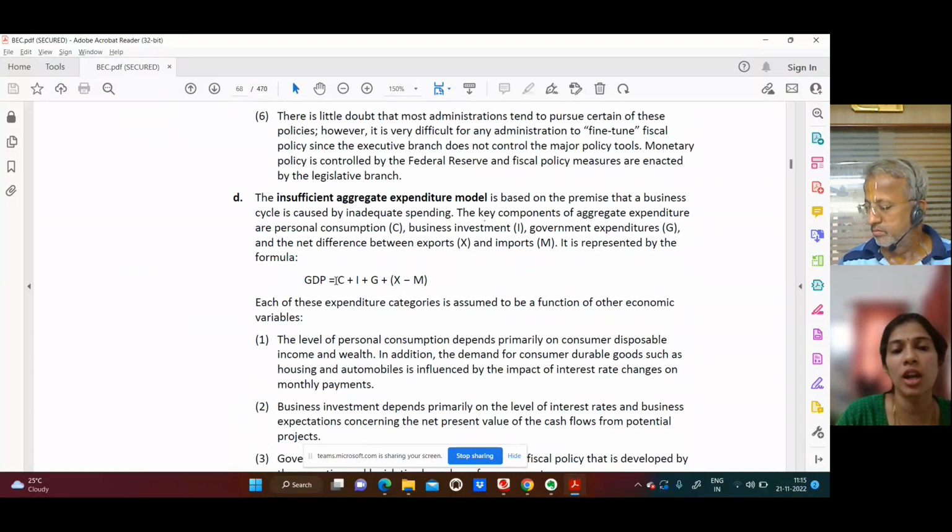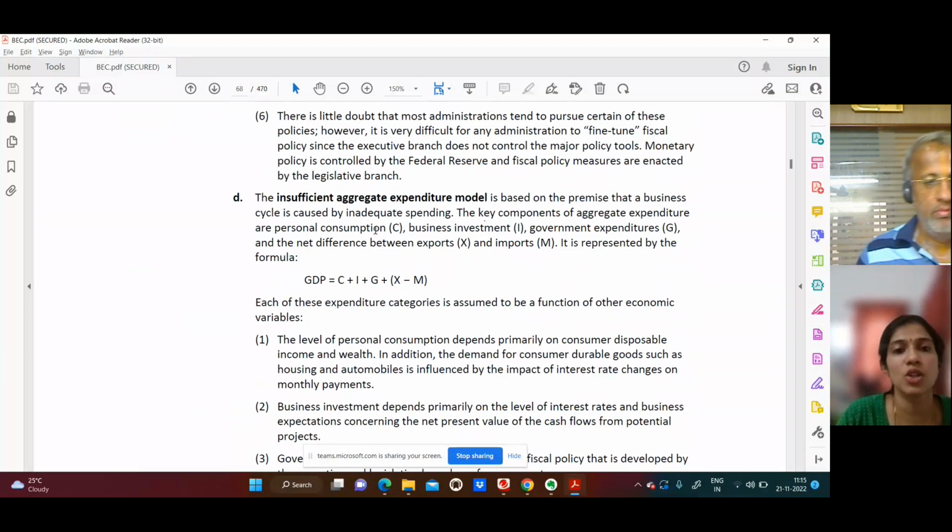What variables go into this? They are personal consumption, business investment, government expenditures, and the net difference between exports and imports. You say that it's export surplus or export deficit, right? So that is X minus M, export surplus or deficit. That will give you that number.